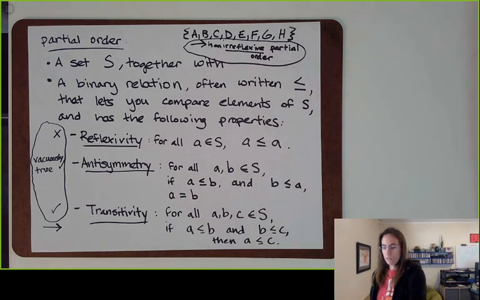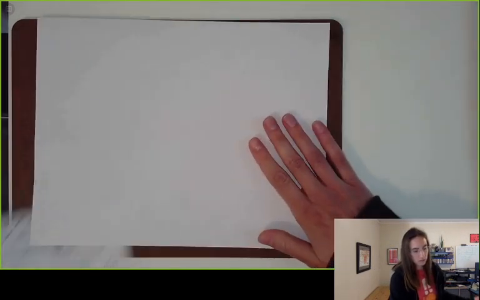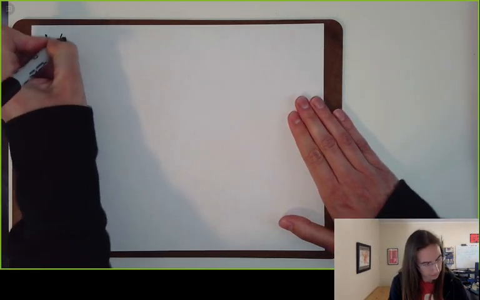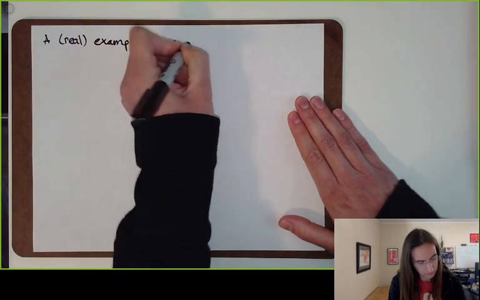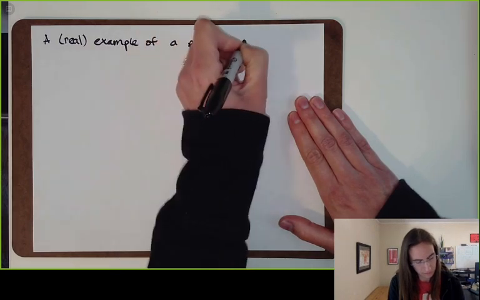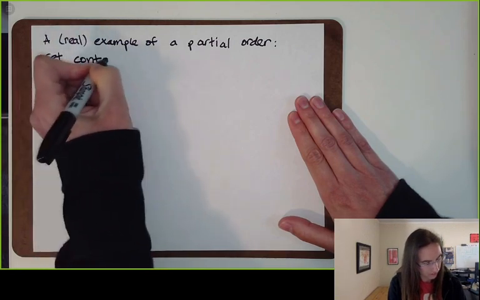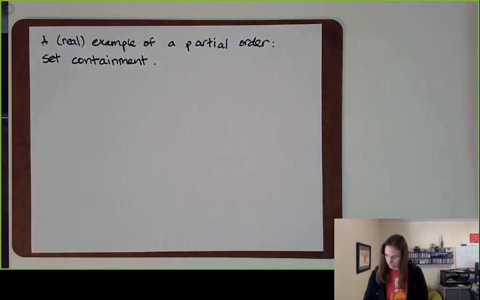So why don't we talk about something that is in fact an example of a partial order, truly a partial order and not merely an irreflexive partial order. A good example of that is set containment, or set inclusion, as it's sometimes called.